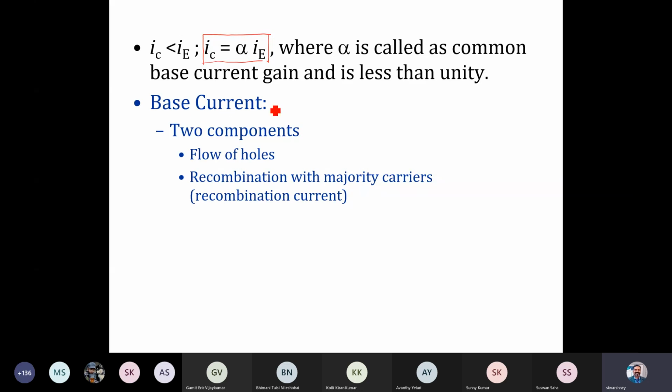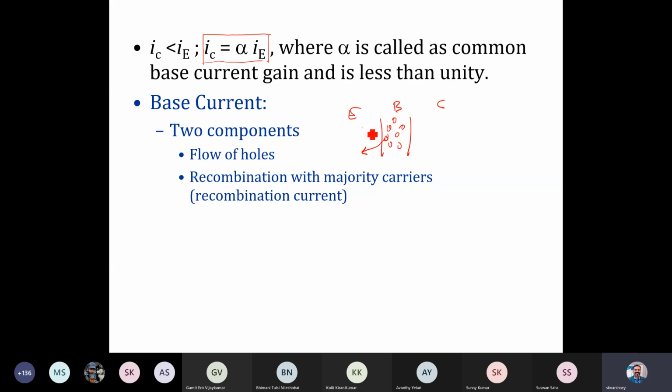And this base current, as I mentioned, has two components. One is because of the flow of holes being supplied from the base, since the majority charge carriers in the base are holes, so they cross to the emitter side. This is the base and this is the collector. Another is the recombination with the majority charge carriers.